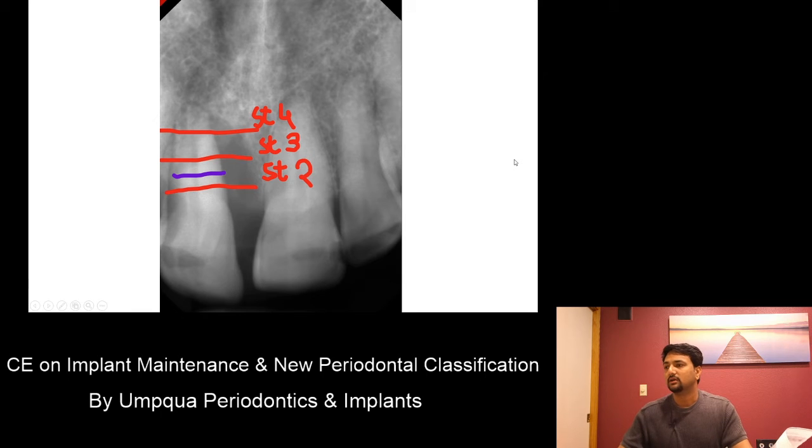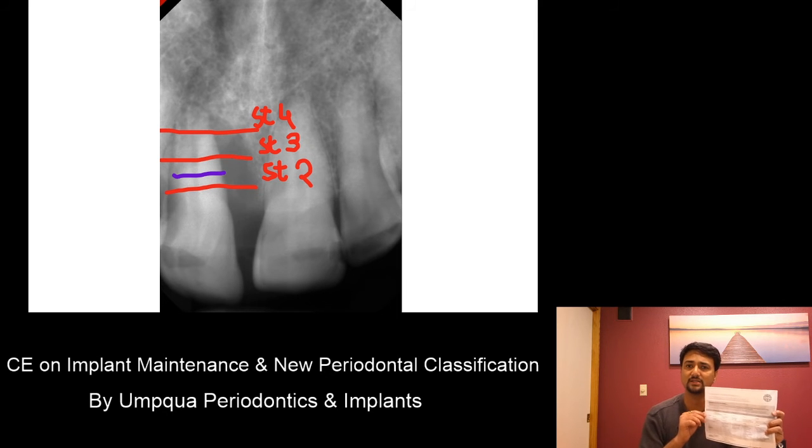So the easiest way to stage any patient is, as I said, the worst tooth determines the stage of the patient. So the easiest way is to pick out the worst tooth on the radiographs. If you look at this handout, in stage 1 and 2, the bone loss is about the coronal third of the tooth. That classifies the patient as a stage 1 or 2.